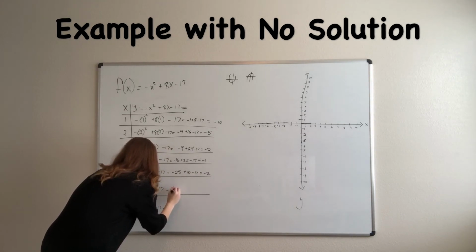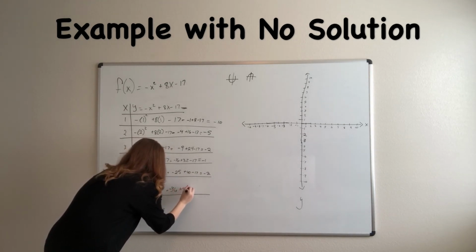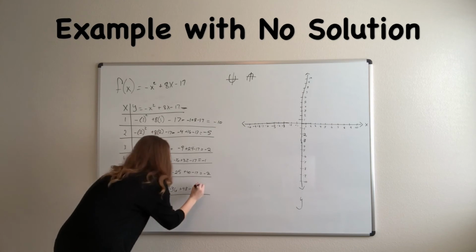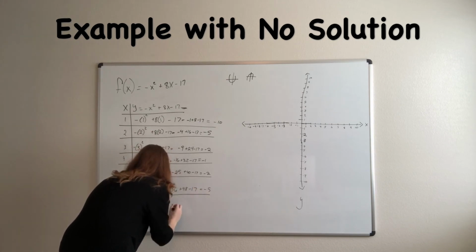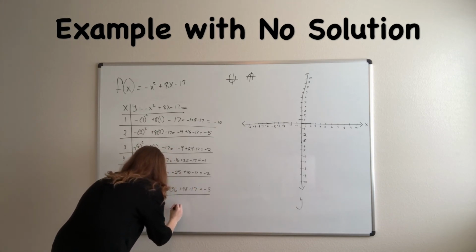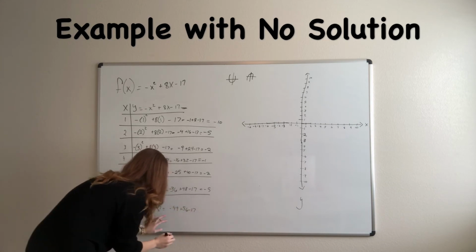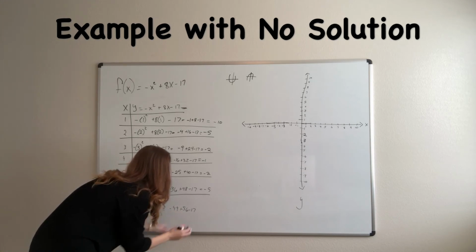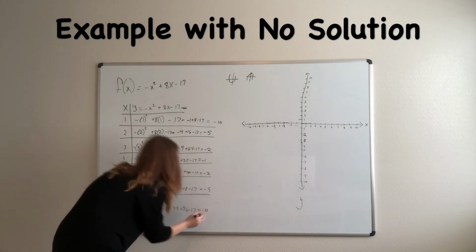We have -36 plus 48 minus 17, it's going to give you -5. And lastly, we have -49 plus 56 minus 17. It's going to give you -10.